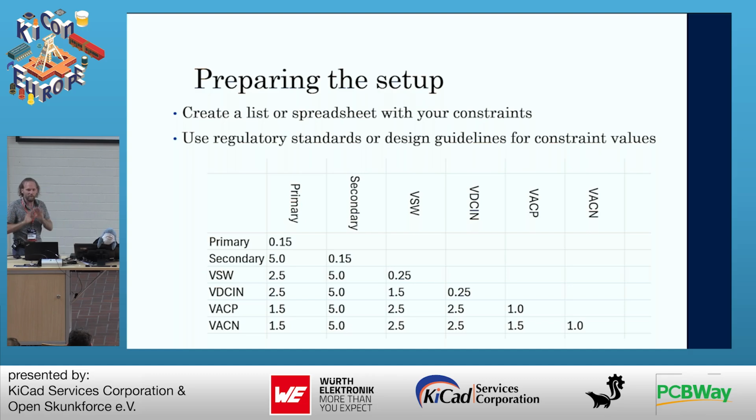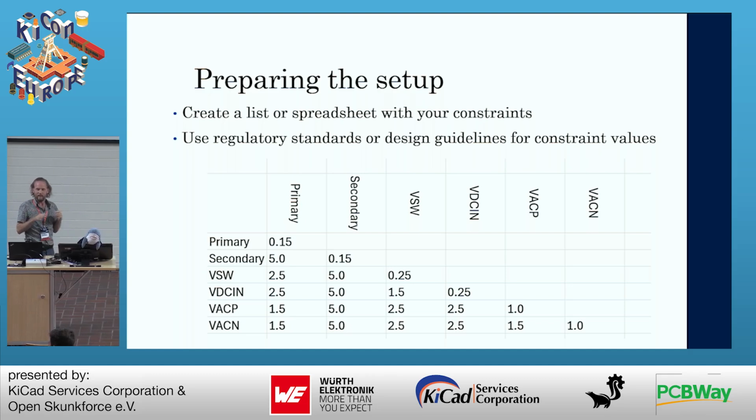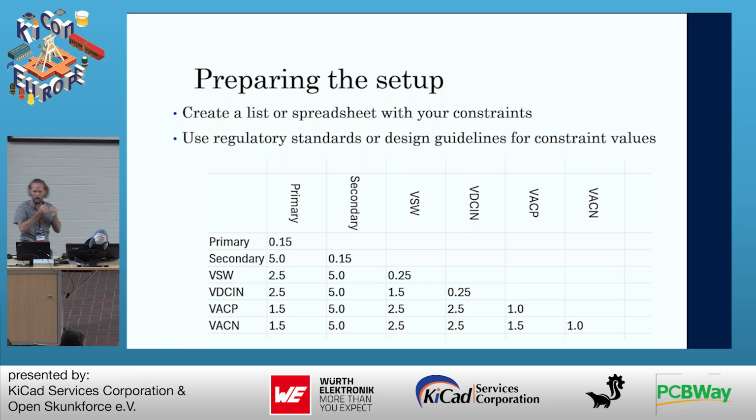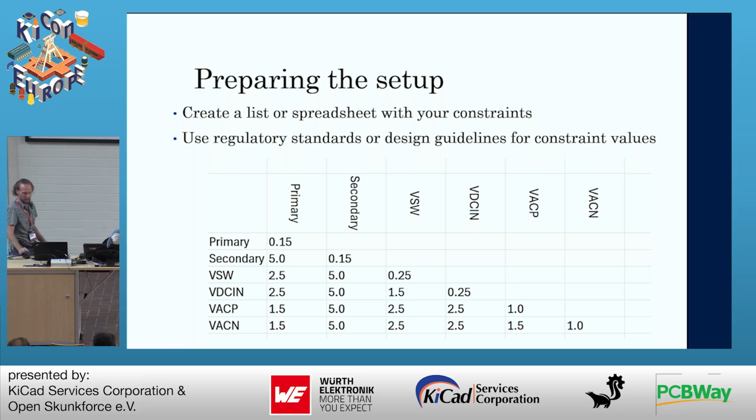Well, I think that's irrelevant for this particular. As I said, we're not talking about the actual high voltage design here. We're just talking about the concept of a voltage barrier or an isolation barrier between the primary and secondary side. So I set that to 5 millimeters.